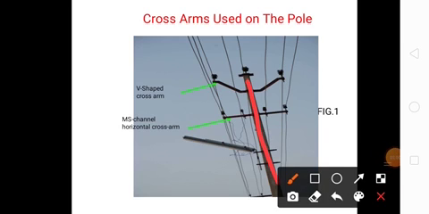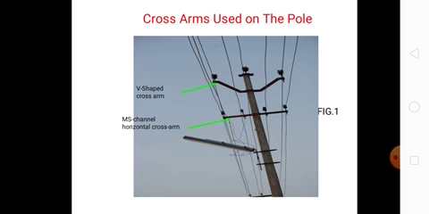If we connect the conductor directly to the pole, we get a short circuit to the humans. That's why we are using cross arms. In this cross arm we are using insulators. The insulator does not allow the current.